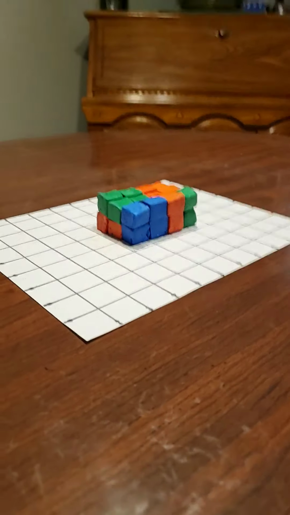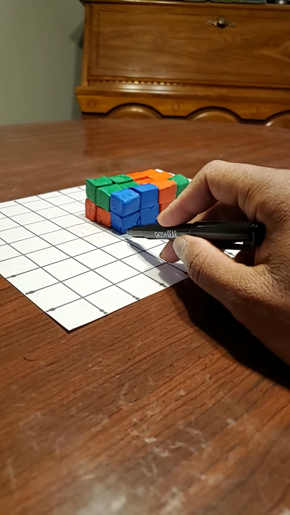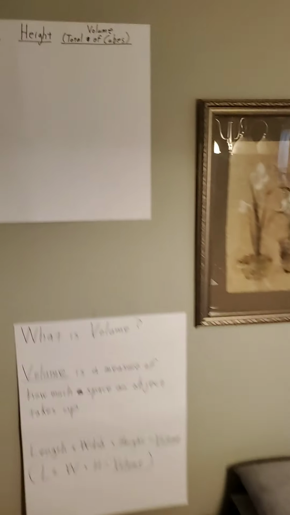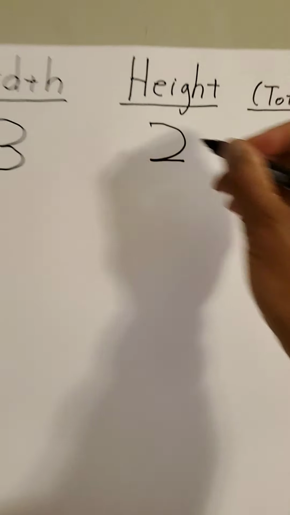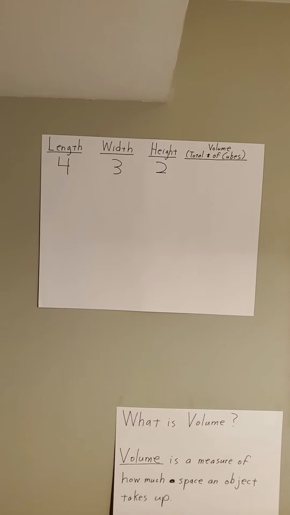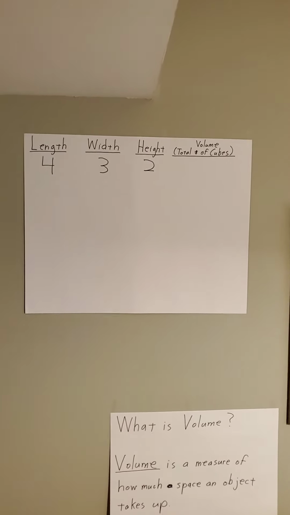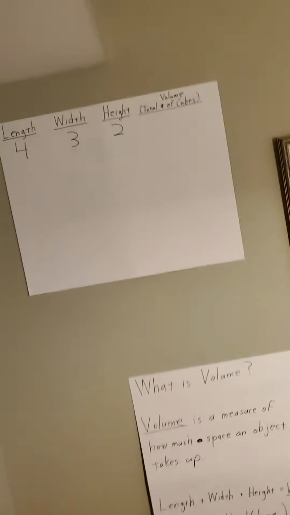And remember, our height from here is 1 inch, 2 inches. So 2 inches. So let's write down 2 inches. So the size of our rectangular prism is 4 inches long, 3 inches wide, and 2 inches high, or 2 inches tall. Look and tell me, what is the volume?